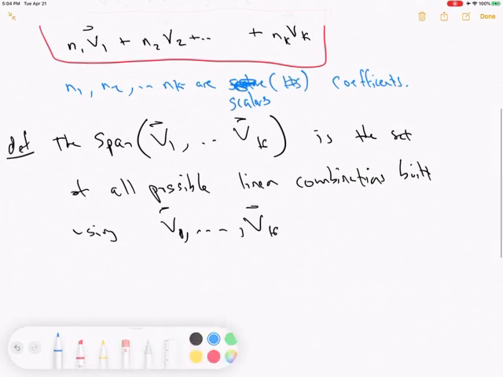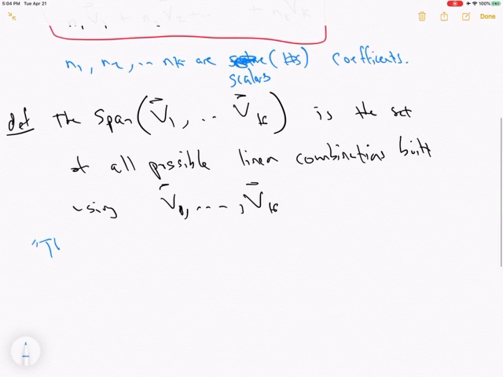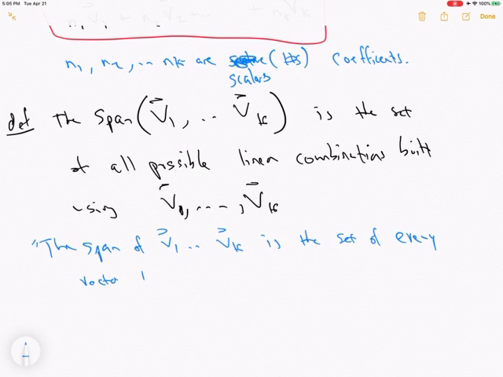So I'll say that in words. The span of v_1 through v_k is the set of every vector that can be built using scalar multiplication and addition using v_1 through v_k.